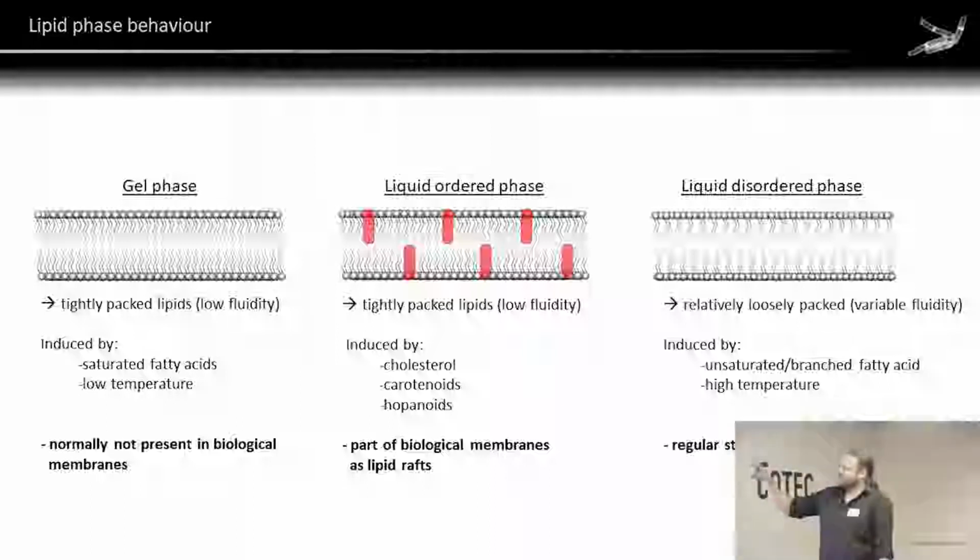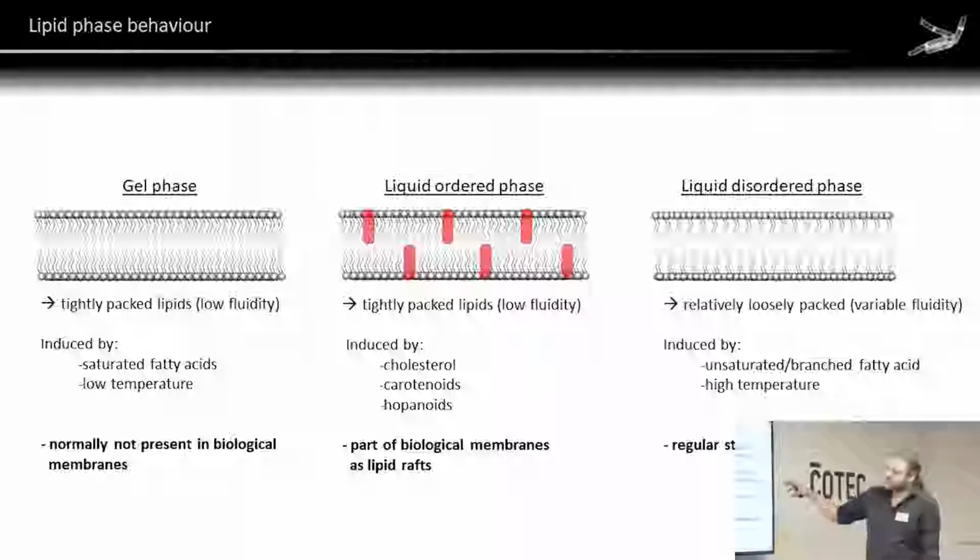But the last, and for my work the most important, lipid phase is the liquid disordered phase. So these lipids are relatively loosely packed. But what is important here is that it's not one configuration. Within this one phase, the membrane fluidity can have vastly different values. So it can be relatively low fluidity or very high fluidity, again depending on things like temperature.